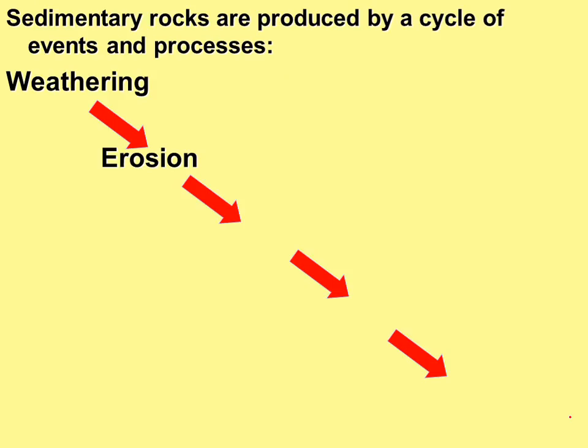So the weathering process generates these particles which are broken down by a variety of means. Erosion is the process by which they are picked up or entrained, and then they go into transportation mode, and those particles are transported, if we use a stream or a river as our example here, either in suspension or in what's known as bed load, where they roll or bounce along the bottom of the stream.